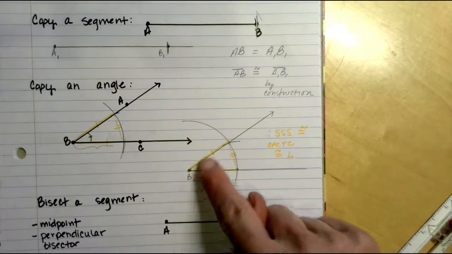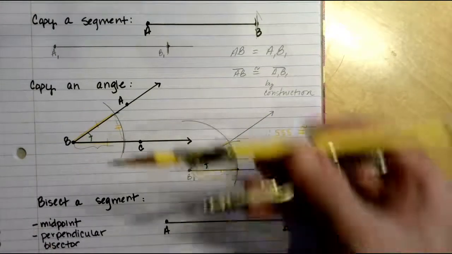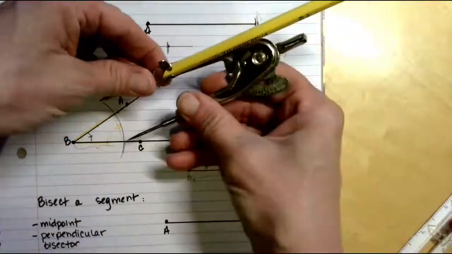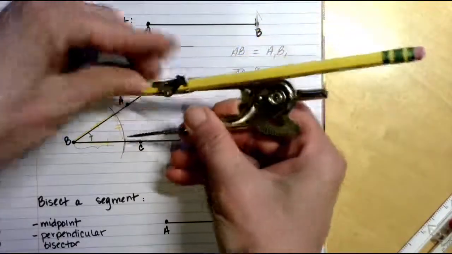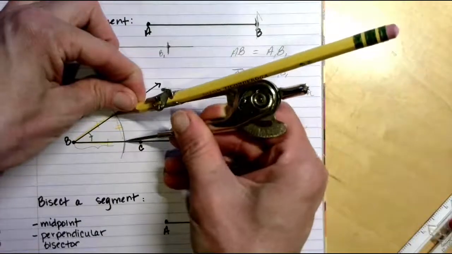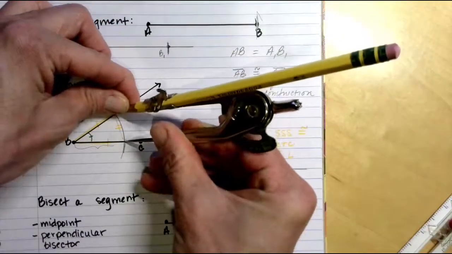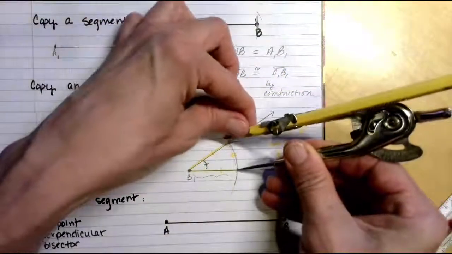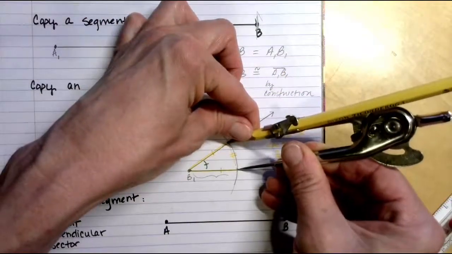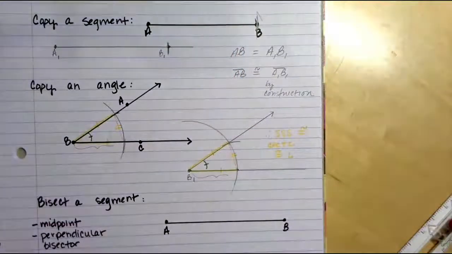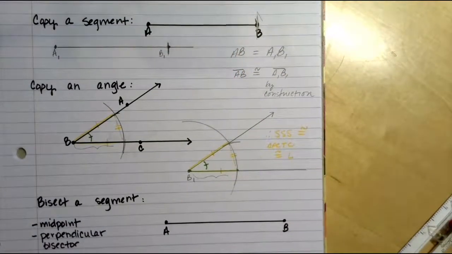Now I don't know where to draw this one until I measure this distance. So I'll change my compass and measure this distance here. And I'll translate that over to here and draw my arc. Kind of cool. All right, that's bisecting an angle.